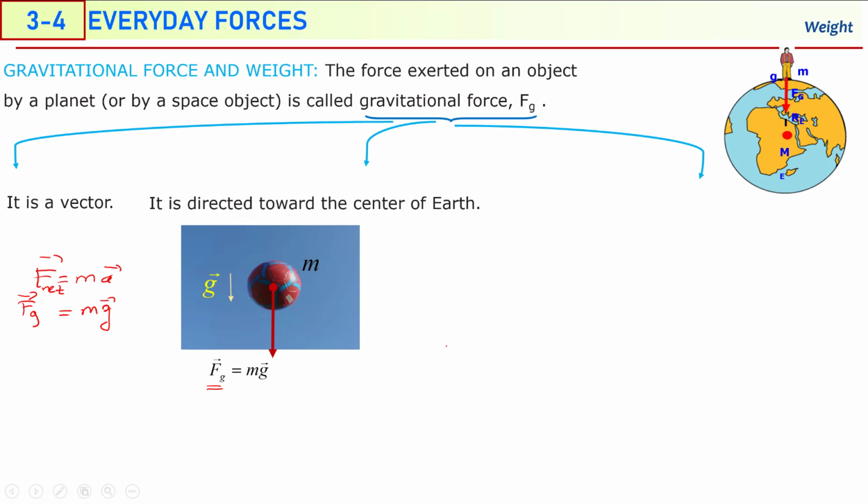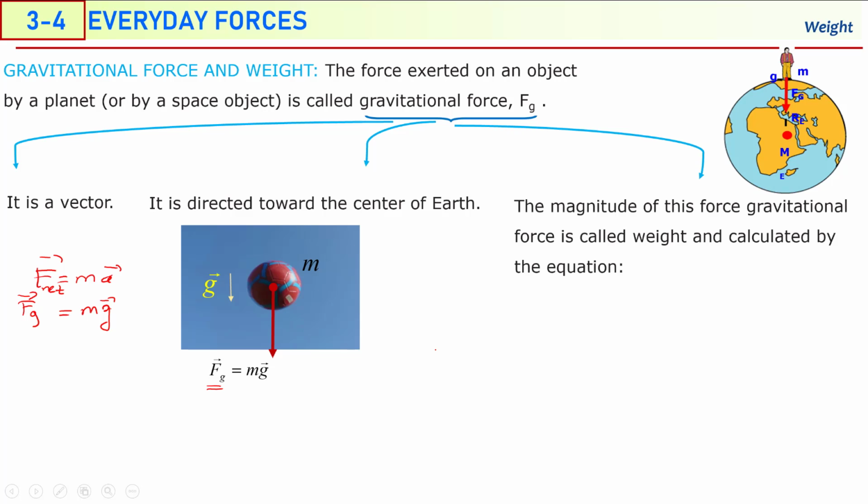The magnitude of this gravitational force is called weight. Weight, in fact, indicates the strength of the gravitational force. That's why the equation for weight is without arrows: Fg is equal to m times g, the mass of the object multiplied by the free fall acceleration of that planet.